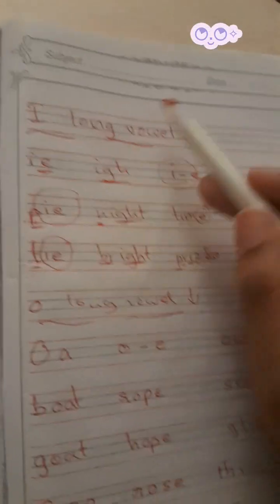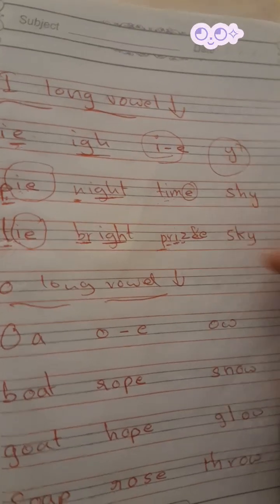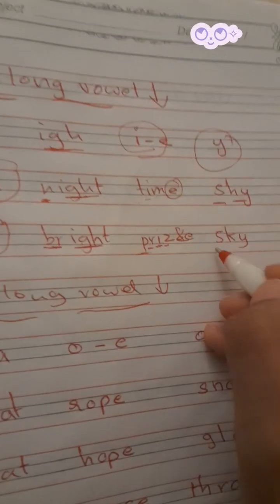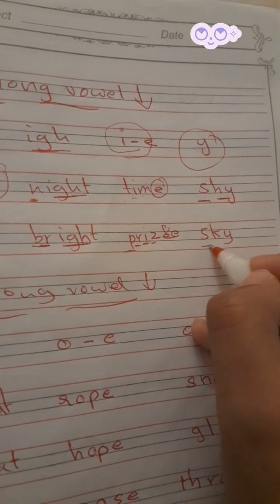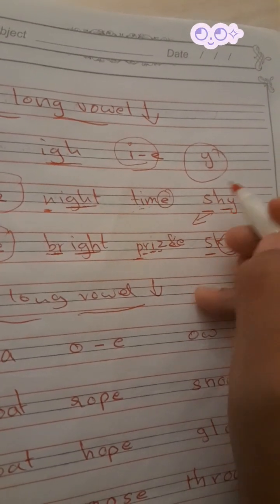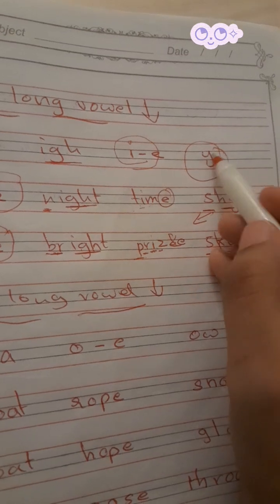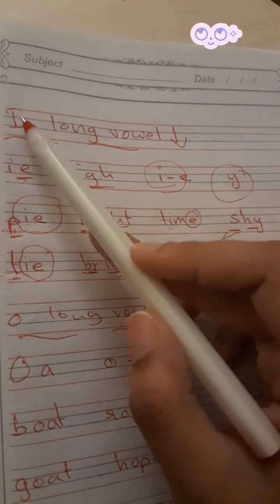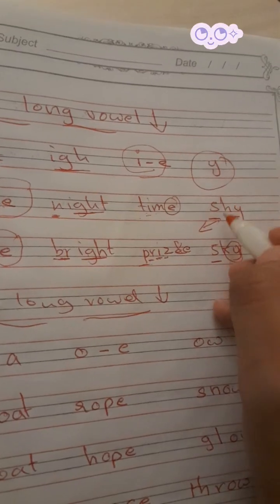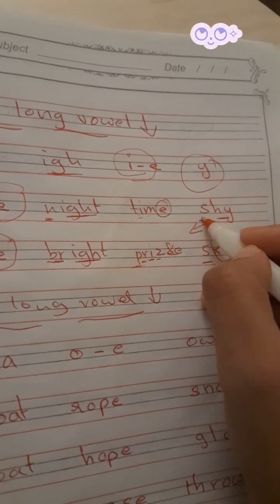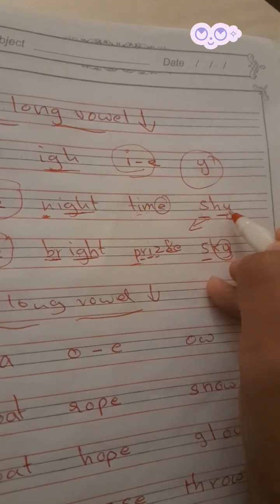So also I have letter Y. Let's see. Sh-y, sk-y. SH, we know it is a digraph. So with Y, because Y has the long I vowel sound. Sh-y, shy.